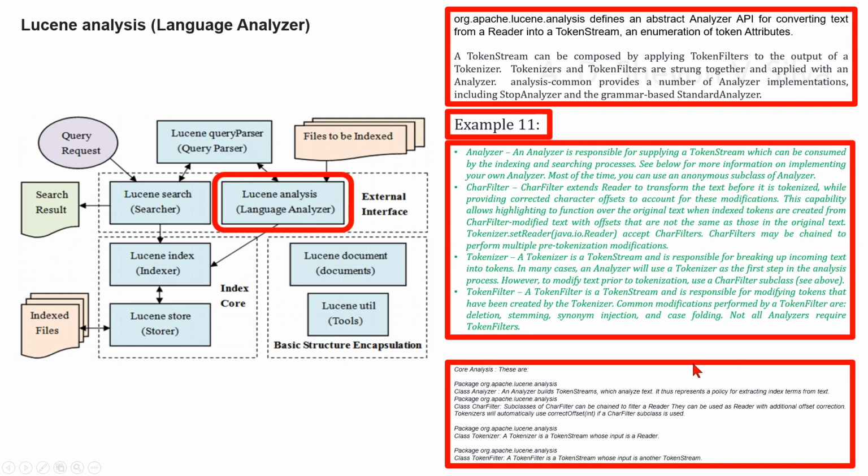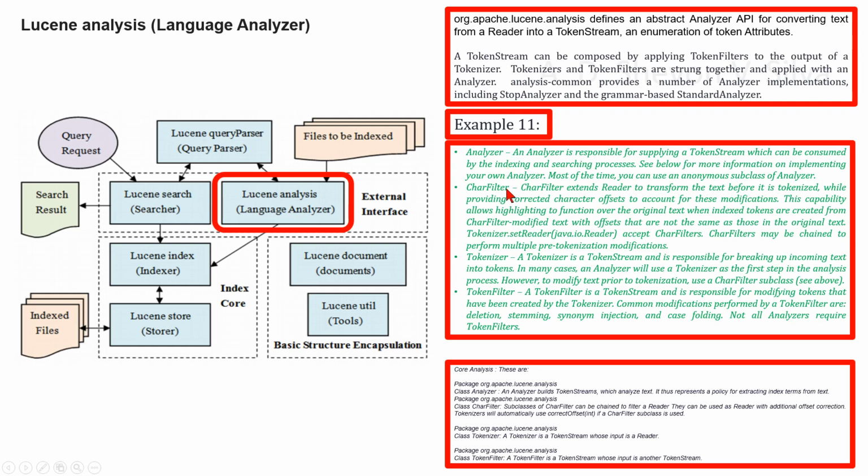Now we are considering core analysis classes. The class Analyzer in package org.apache.lucene.analysis: an analyzer builds token streams which analyze text, thus representing a policy for extracting index terms from text.